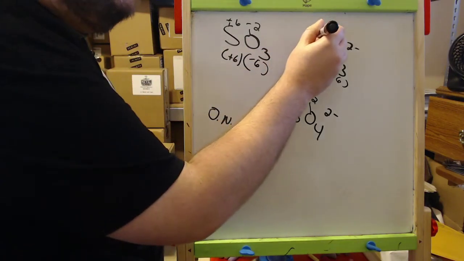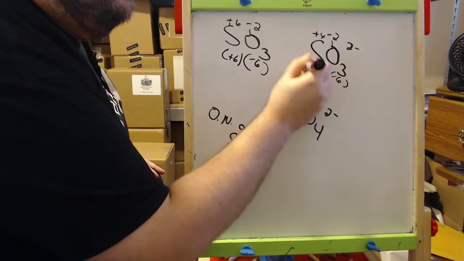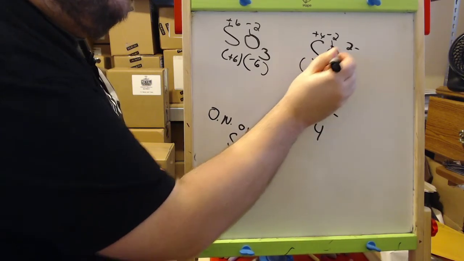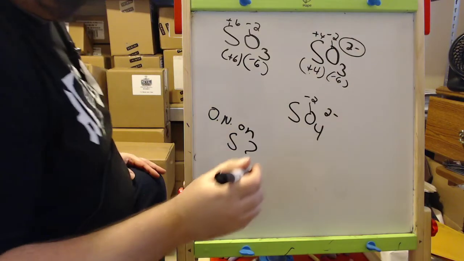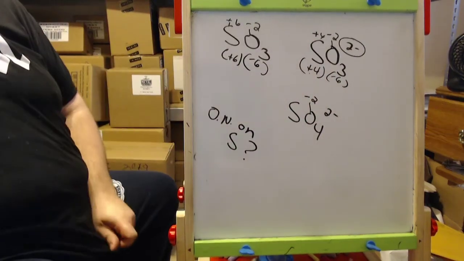Rob, you're right. It has to be a plus 4. Minus 6 plus 4 gives me my minus 2. My oxidation numbers have to equal the charge on the compound.